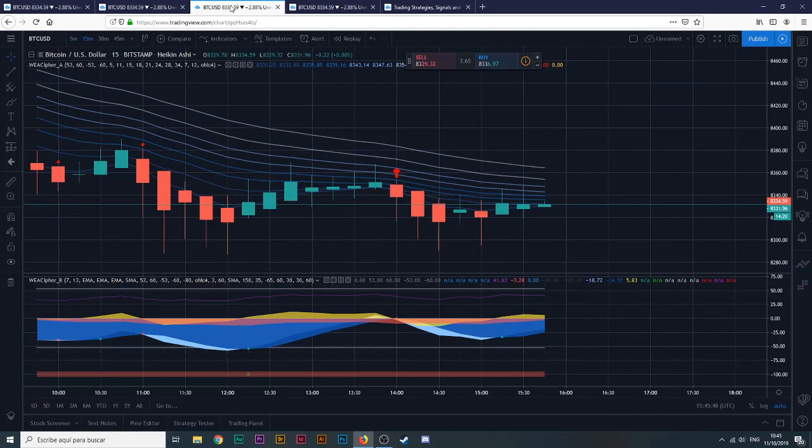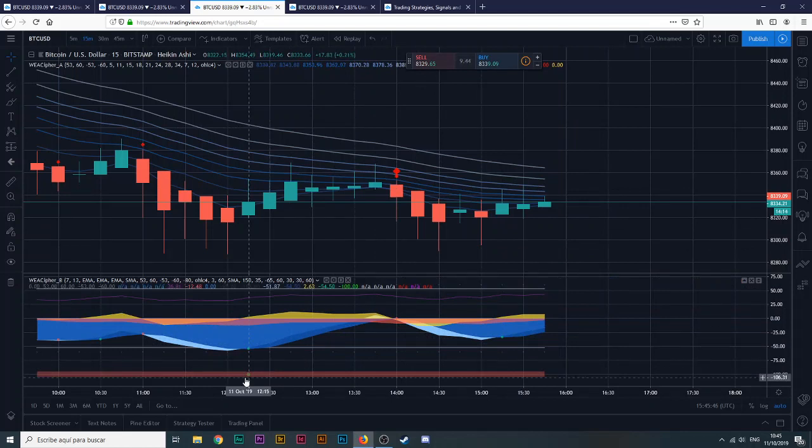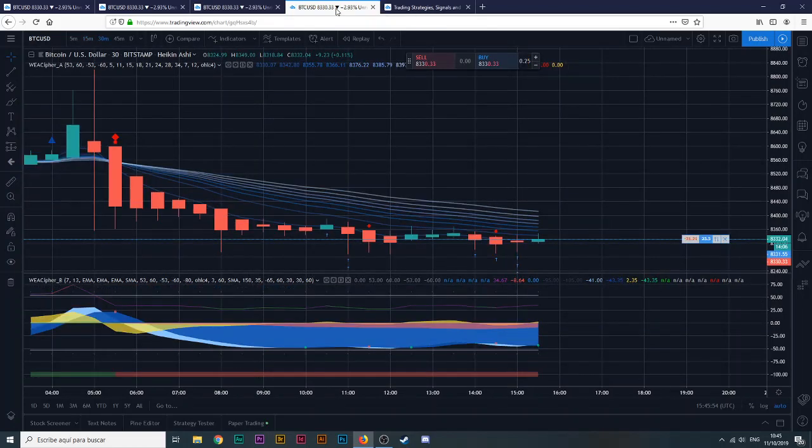15-minute chart, we still have market bottom here and a buy signal here, the yellow dot. Thirty-minute chart. Go back to the 3-minute.